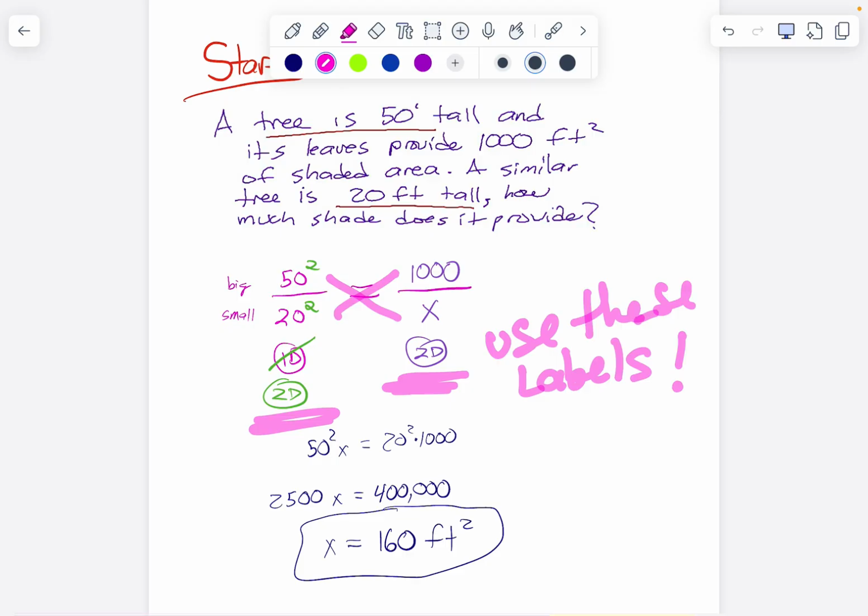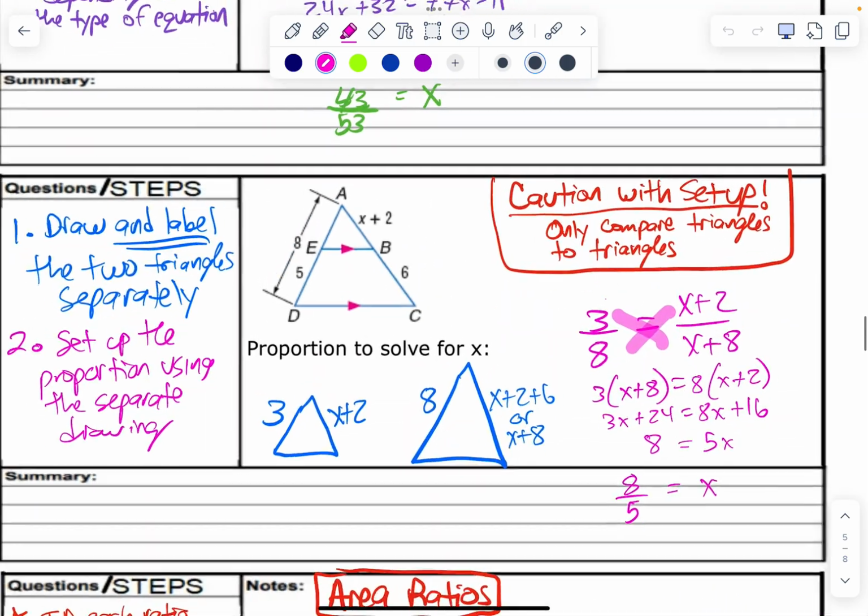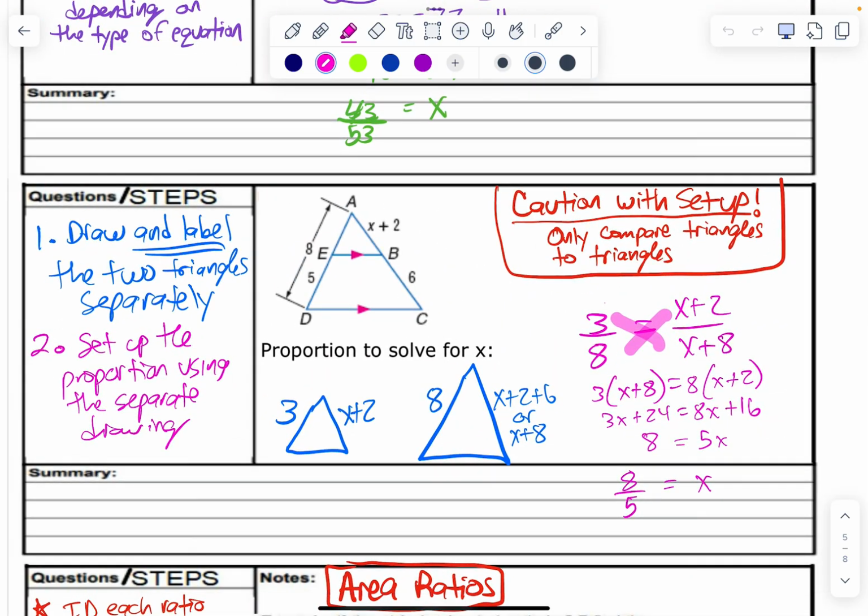What kind of scenario is going to tell you label so I know I need to either square or square root? How is this different than this? Like, would you label those? So how do you know? What's telling you that it's different, that you should label?